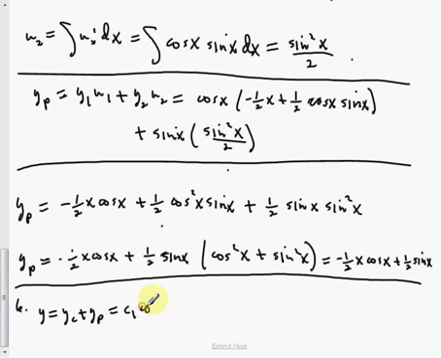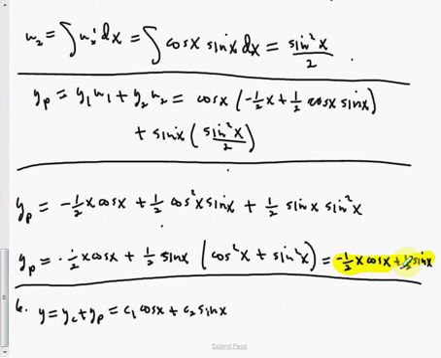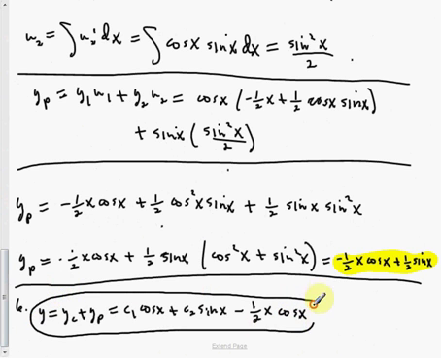So that's c sub 1 cosine x plus c sub 2 sine x plus y sub p, which we got over here. So this is minus 1/2 x cosine x. That's the answer.